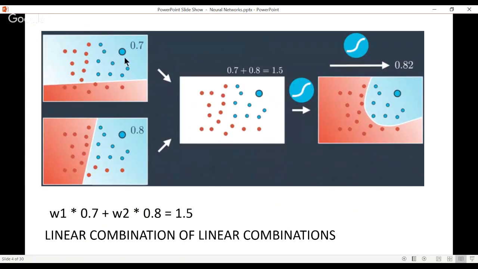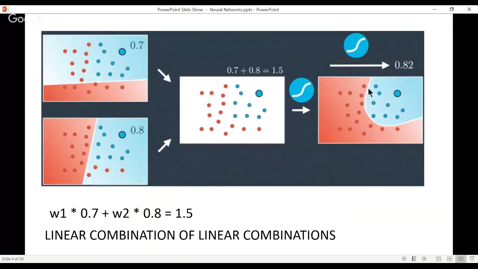In this case, we are just considering this point. Suppose the next linear combination is w1 times 0.7 plus w2 times 0.8, and it gives out a number, 1.5. This is your z, and to convert it to a probability, a number between 0 and 1, you use a sigmoid function, and this gives a probability that this point lies in this blue region.